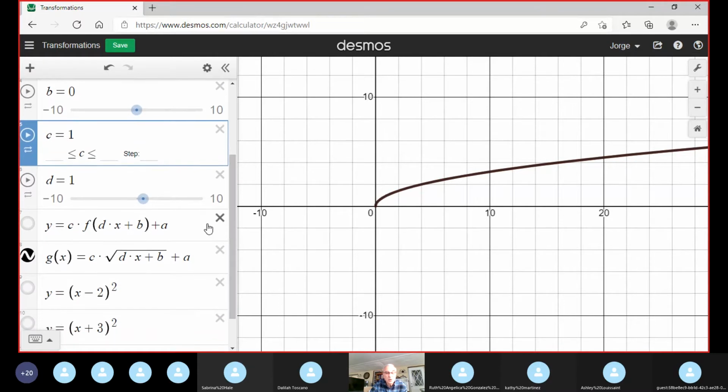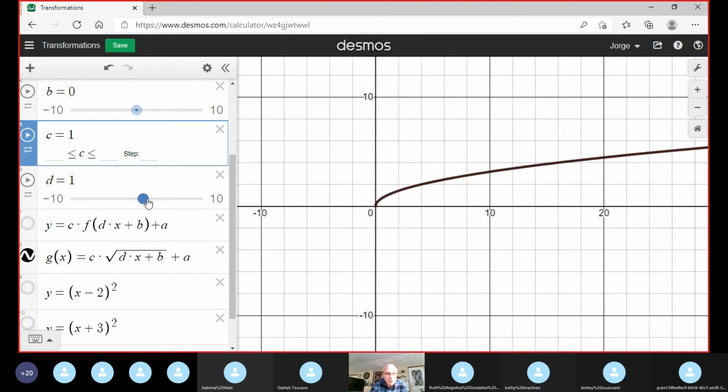Now I want to change D, que is inside the parenthesis. In this case, the radical symbol works like a grouping symbol. Entonces, when you affect inside the radical symbol, it is like the function notation inside the parenthesis. Pay attention. What is the effect? Let's try to find conclusions.